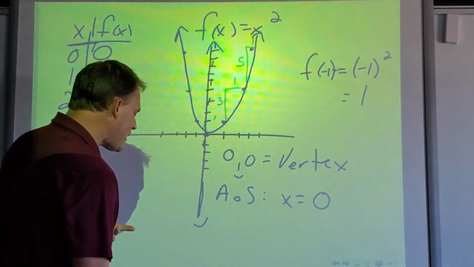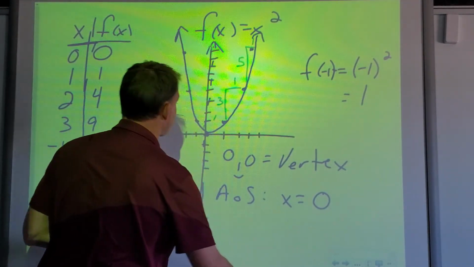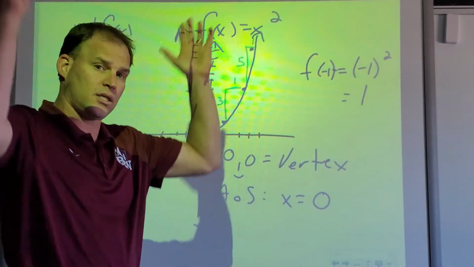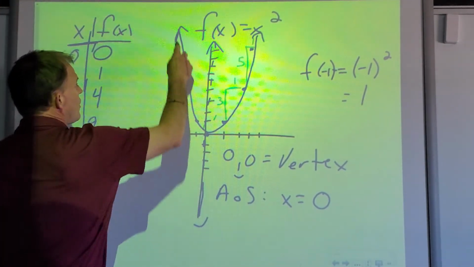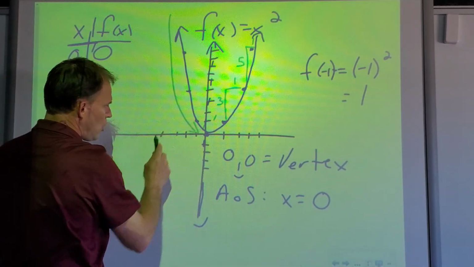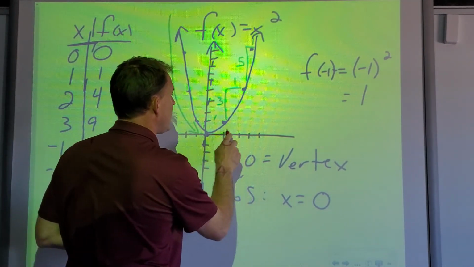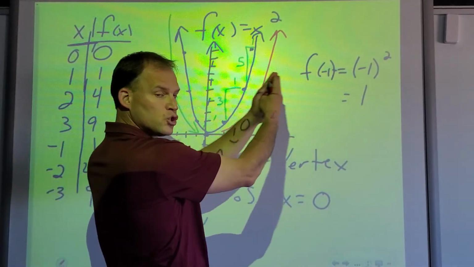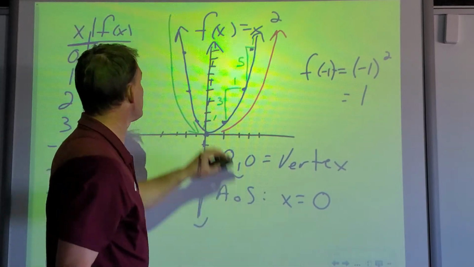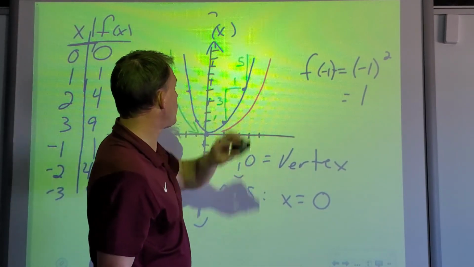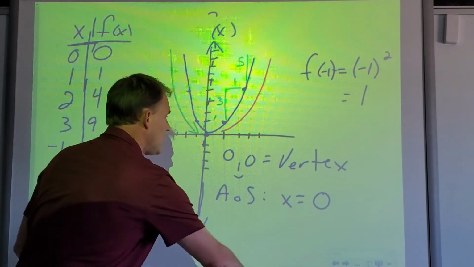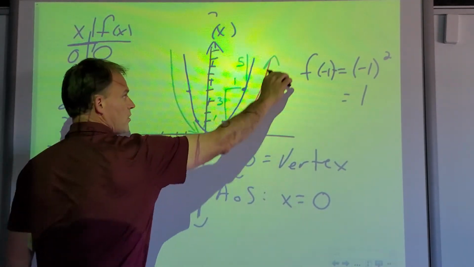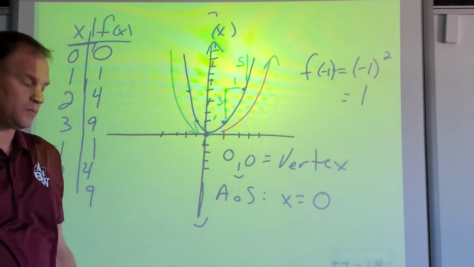All right, where is it decreasing? Well, it's coming down. Remember, it's got that up arrow on it because it goes on forever, but that's not really what's going on. It's going down on this side, and it's going up on this side. Read your graphs left to right. If those up arrows here are confusing to you, don't put them on. All right? This is up over here and down over here. That's what's going on with this function.